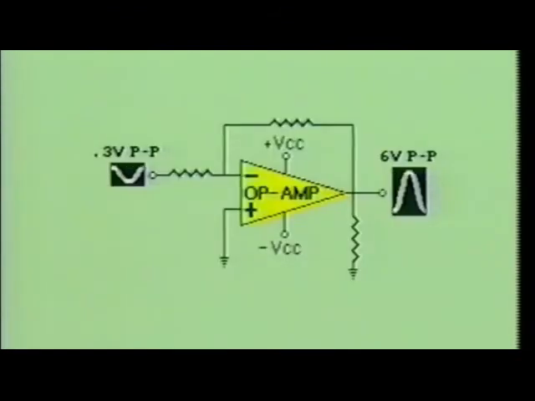As we have seen, the operational amplifier is a linear device, and the output of the op-amp is directly proportional to its input. The op-amp has two inputs. One is the inverting input, which is designated with the minus sign, and the other is the non-inverting input, which is designated with the plus sign.